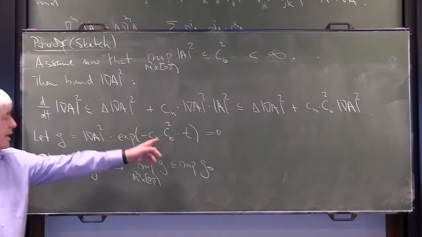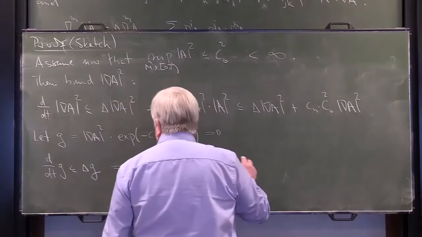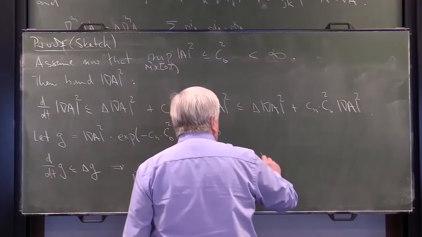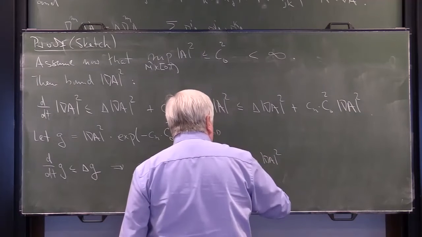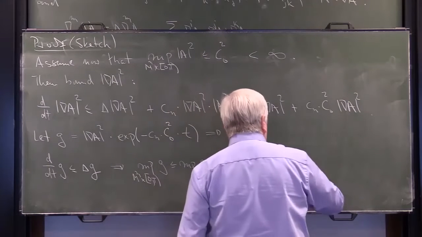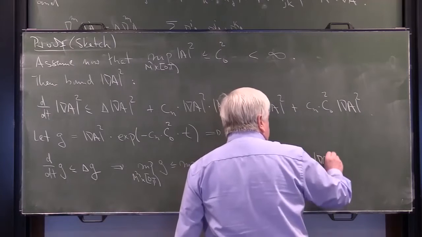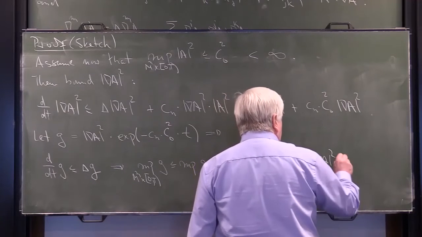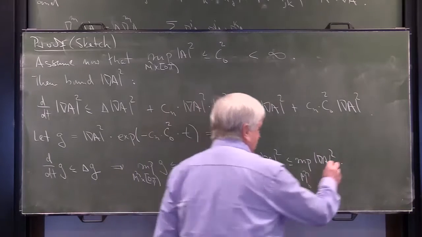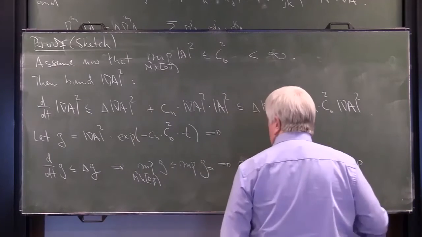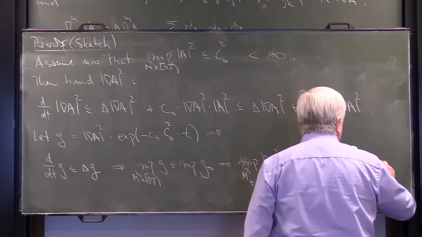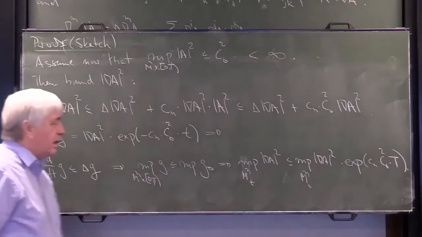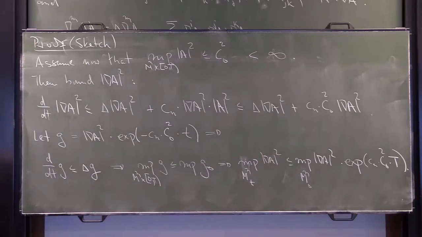But at 0 the factor is 1, so we get that the sup of gradient A squared on M_n,t is less than the sup of gradient A squared on the initial surface times e to the Cn times C0 squared times capital T. And capital T was assumed to be bounded.